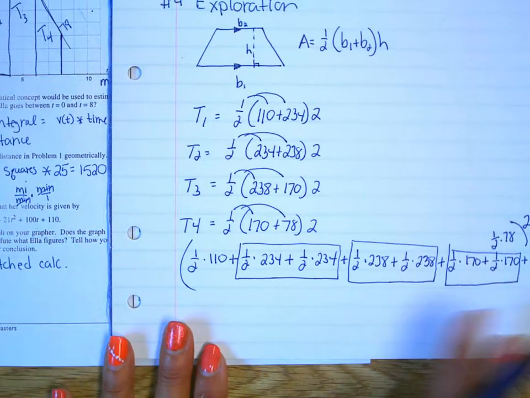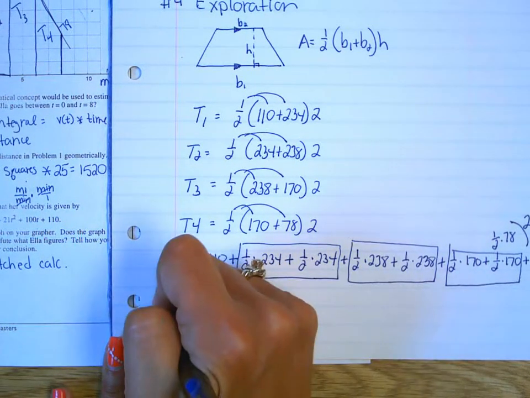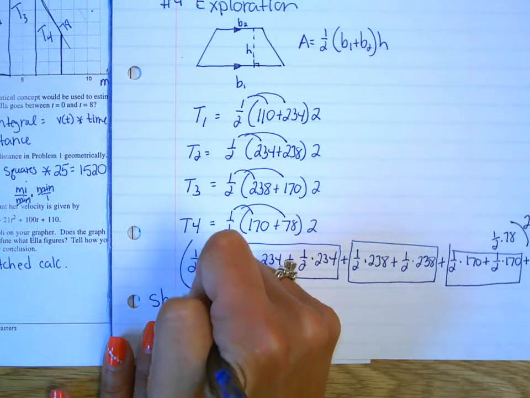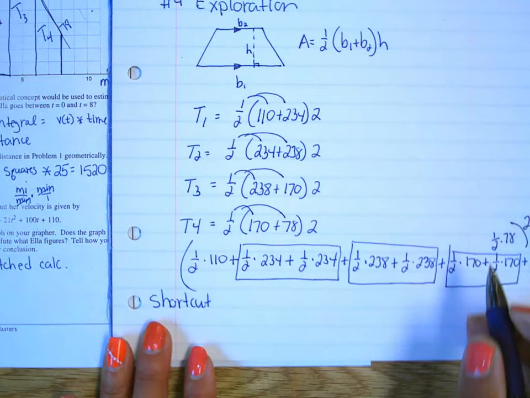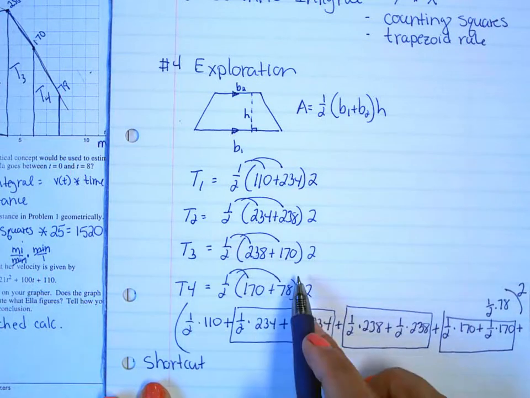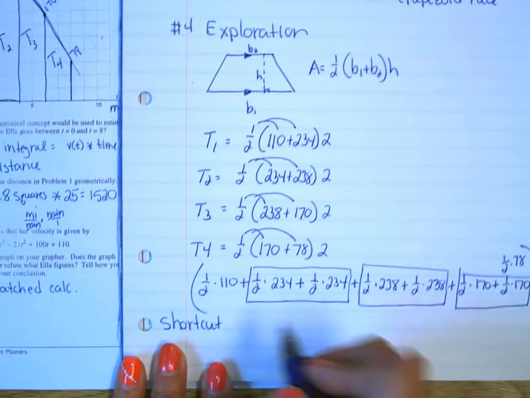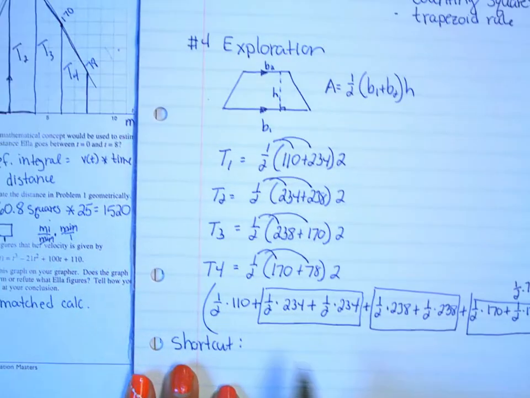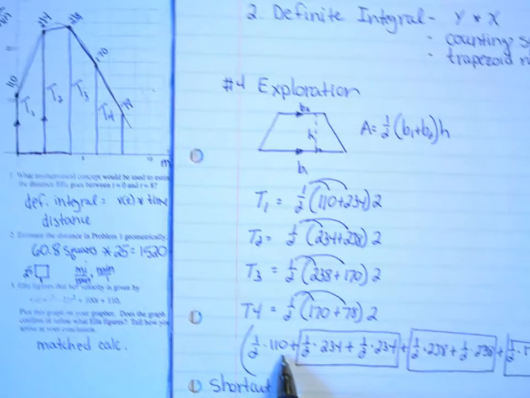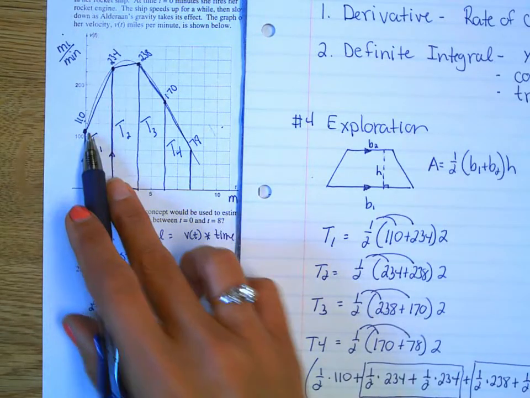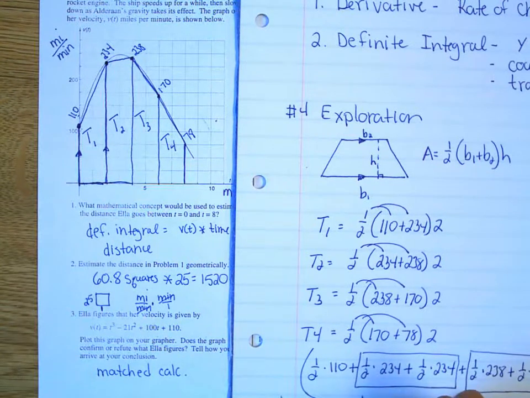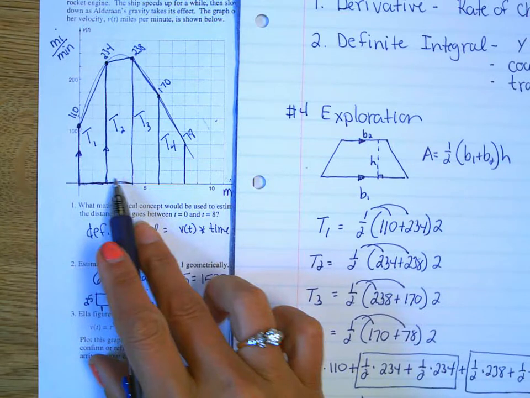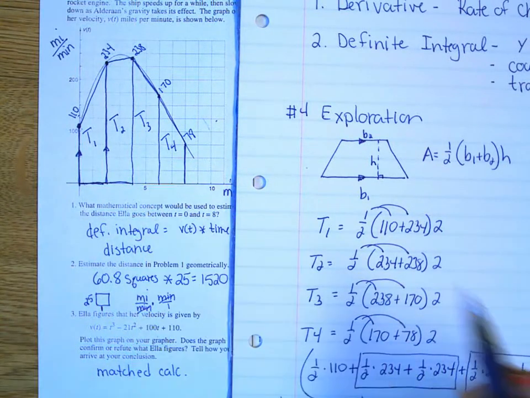our streamlined version of this, the shortcut, so that we won't have to go through all of this and all of this, our shortcut is going to be take half of the first y value, add all of the middle y values, however many you have.